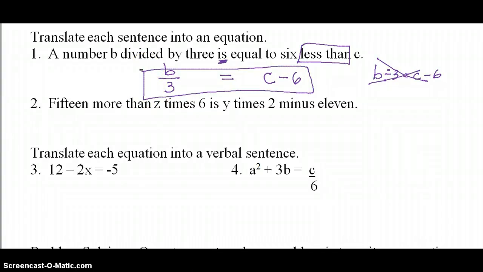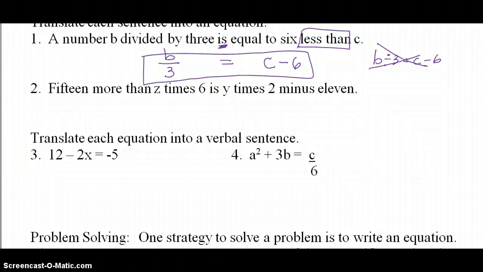All right? Number 2, 15 more than z times 6 is y times 2 minus 11. So again, there's more than z times 6. I'm going to stop there. Don't stop there. Okay, so z times 6, I'll write that 6z. That came after the word than.